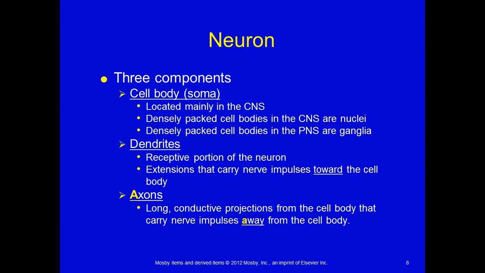And then once the nerve impulse or that information reaches the cell body, what is in charge of conducting that information away from the soma to the next neuron? Axon. Good. So remember the axon carries things away, right? A's. Dendrites carry to, axon carries away. They're long conductive projections from the cell body that carry nerve impulses away from the cell body. Good.